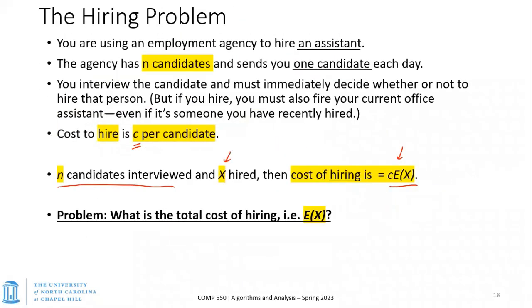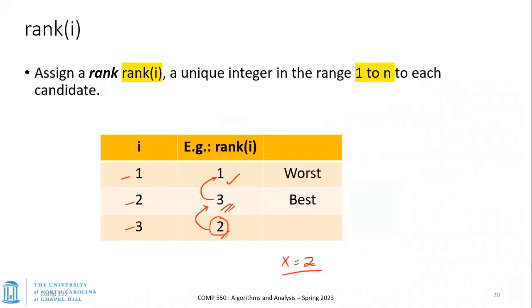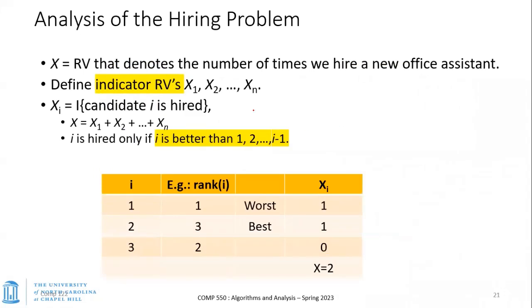So now we're defining these indicator random variables X_1 through X_n, where X_i is the indicator random variable for whether the ith candidate is hired, that is, higher than the previous ones. Let's take a look at what X_i would be.